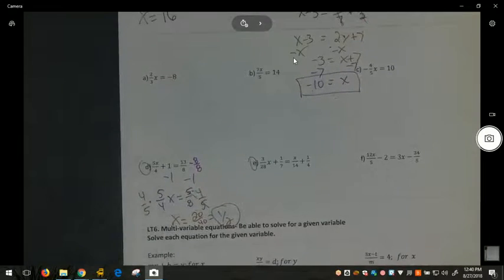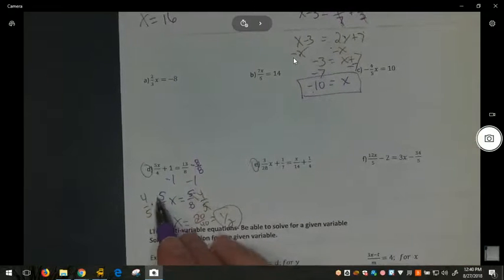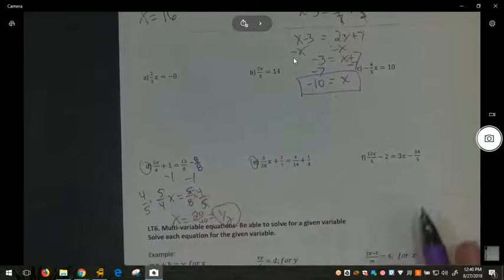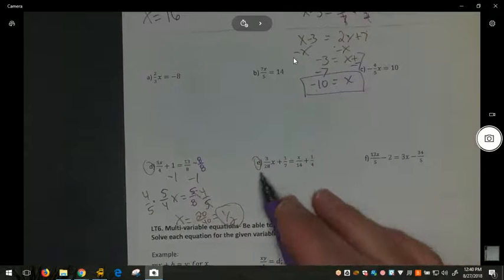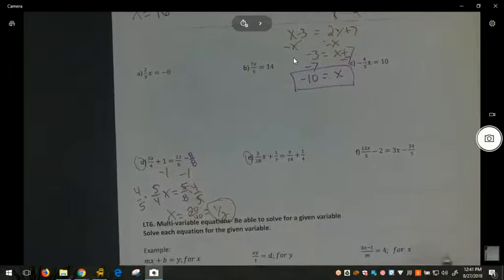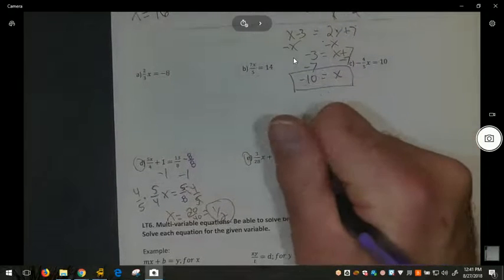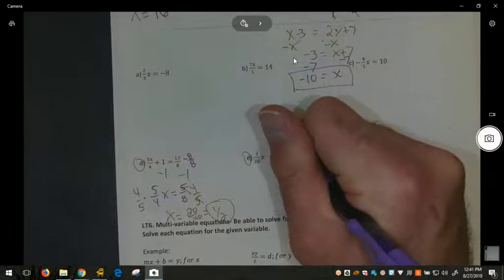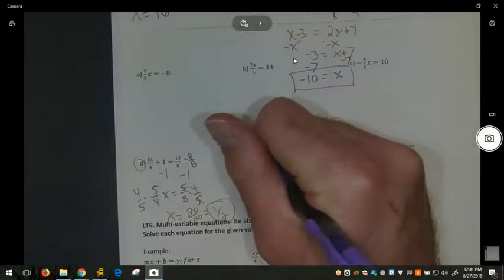Letter E, there are multiple fractions and multiple variables involving fractions, and so I can't just undo the order of operations. I need to find the least common denominator between 28, 7, 14, and 4, and 28 is the least common denominator. So we're going to multiply every single term by 28.